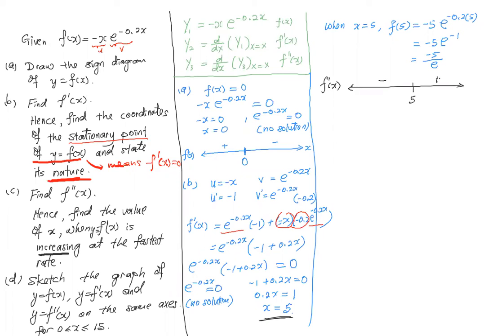Am I right? So you use your y2. Your y2 is f prime x. Everyone got it? Yeah, Chunyi, are you okay? Sure, my sign is correct.